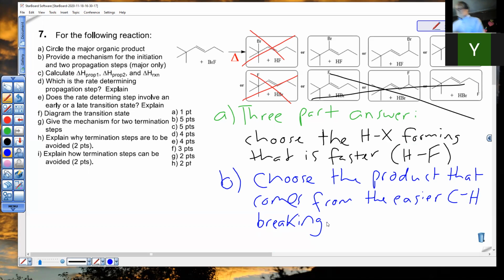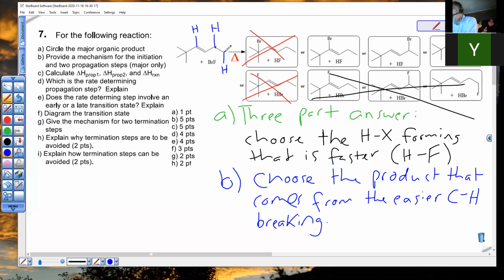So if you look at the three products that are left, I'll get a number for that, a different number for that, and a third number for that. And please remember, it's about categories. So before I go look, this is vinyl. The H is on the alkene. This is allylic. The H is on a carbon one away from the alkene.